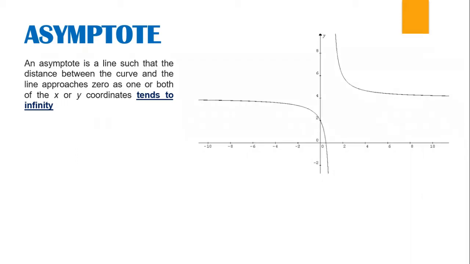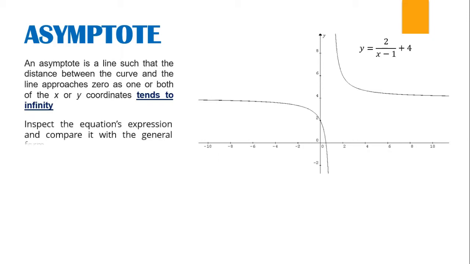Okay, next. Look at this graph. We know this graph is y equals 2 over x minus 1 plus 4. This is the last example for you. This is the graph. Students, inspect the equation's expression and compare it with the general form.